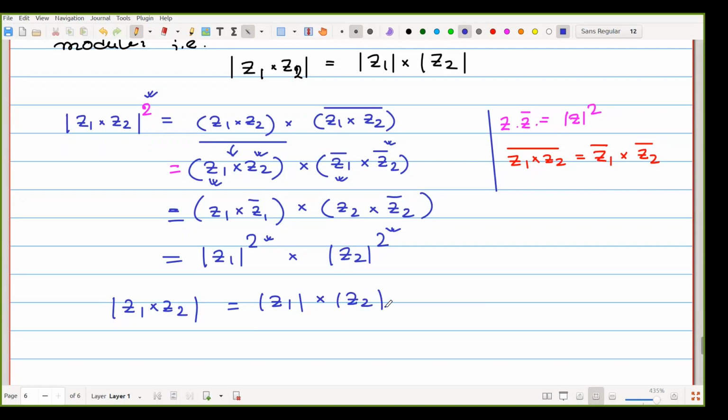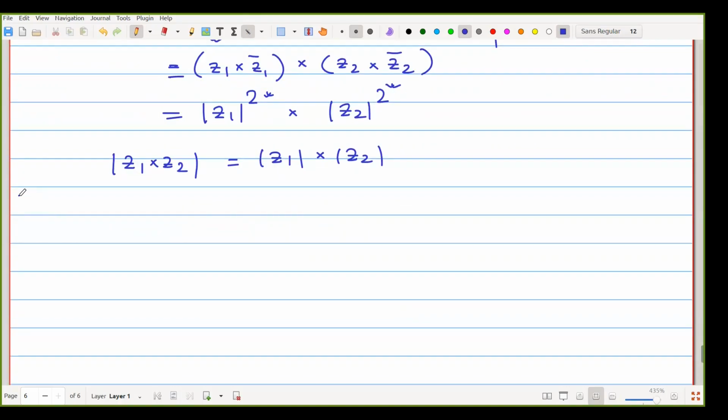In general, practically what happens if we write it in general? If we have z1 into z2 into z3 into z4 into z5 up to zn, the complete multiplication of all the complex numbers and we find its modulus, it can be written as the multiplication of each and every complex number's modulus.